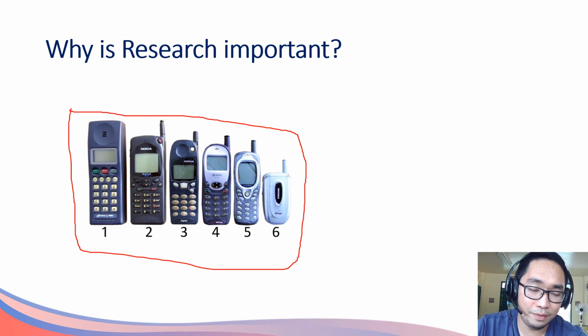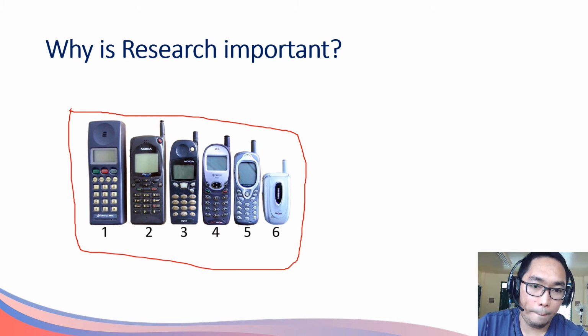Now, because of research, we had our quantum leap with our communication today because these phones cannot search the internet, surf the internet. No, these phones cannot access Facebook or view videos from YouTube.